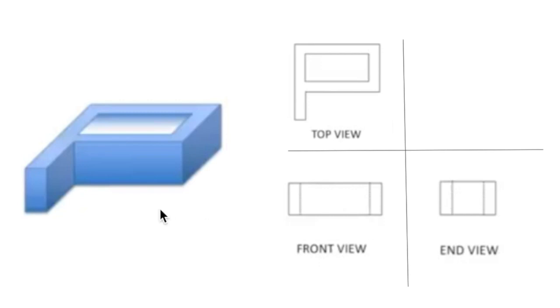So now let's add an extension to the object to make it a little bit more complex. So the top view can just add this extension piece here to show the add-on. For the end view, we add this extension piece here to show the add-on.